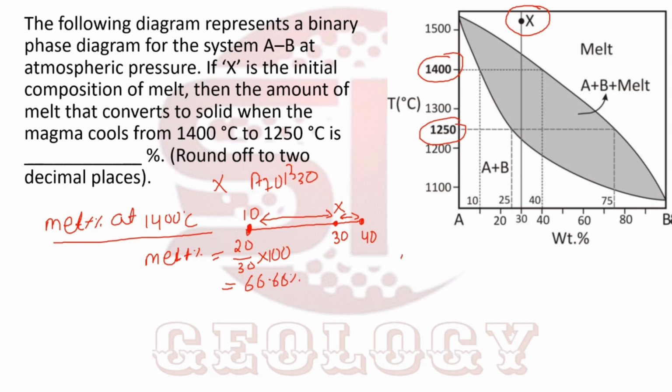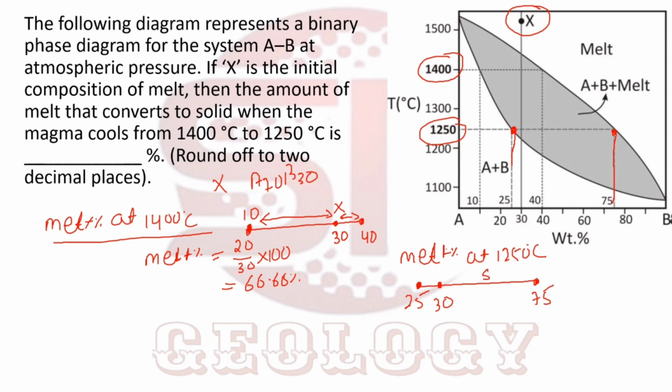Then we will calculate the melt percentage at 1250 degrees centigrade. Here the solid composition at 1250 is this much, it is 25. So the initial composition we have is 30, and the melt composition at this point is 75.